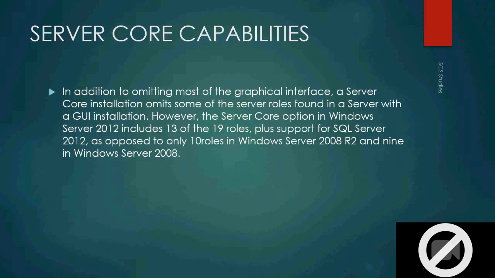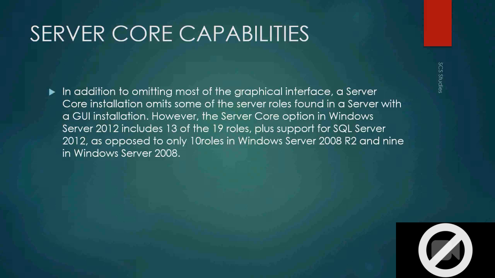That means if you are going to install a Windows Server 2012 GUI platform, you will get 19 roles to configure. But if you use Core Edition, you will get only 13 out of 19.